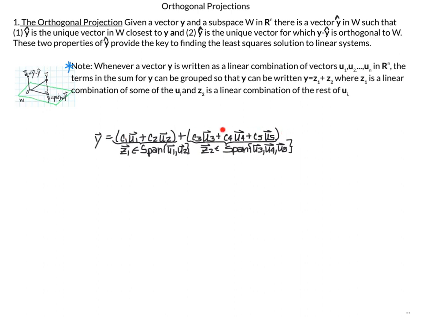So I made a little example here. If we're in R5, and y can be written as a linear combination of u1, u2, u3, u4, u5, then we can group y into a z1 and z2.